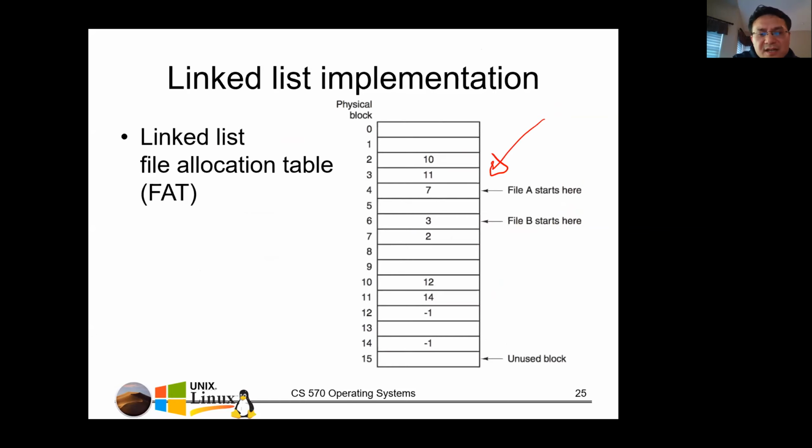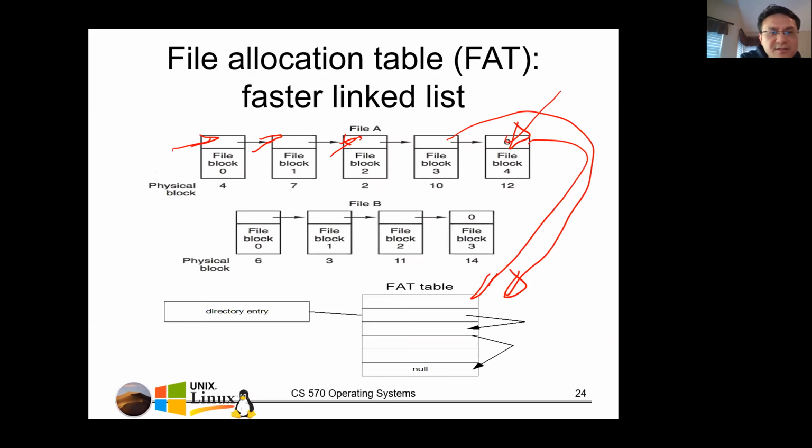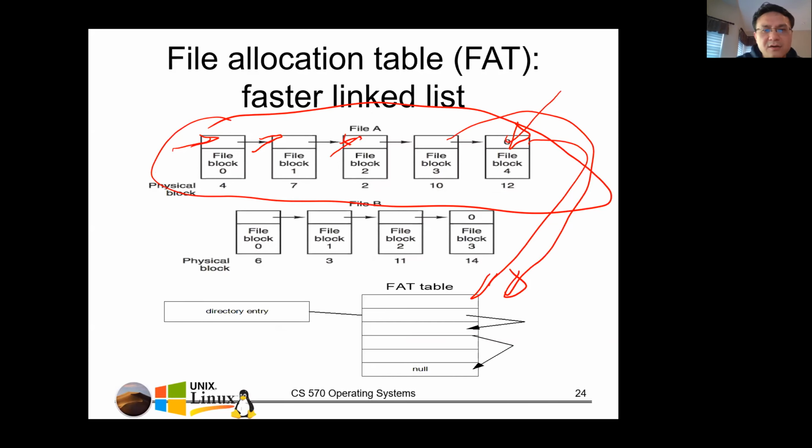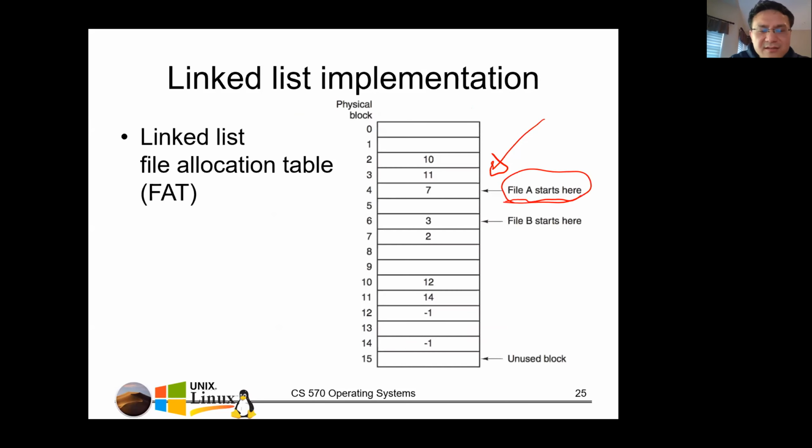Essentially, we have two files here. Let's look at file A. It has physical blocks 4, 7, 2, 10, 12. Now let's look at this table. It starts from here. File A starts from physical block 4.